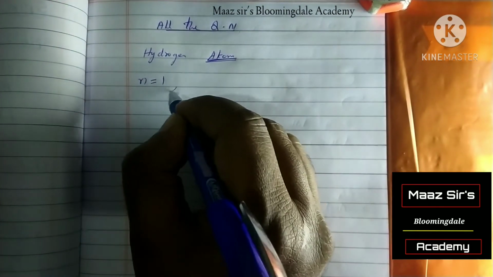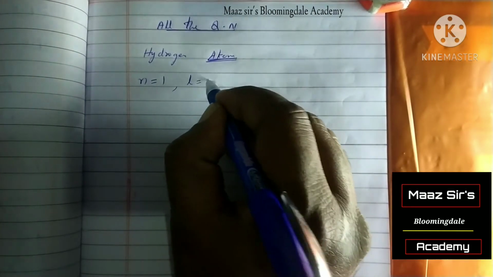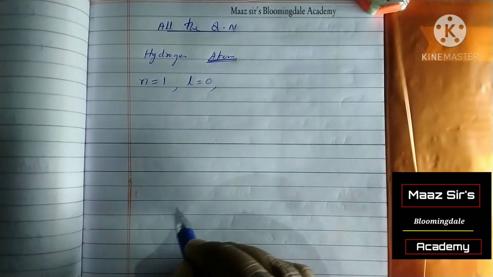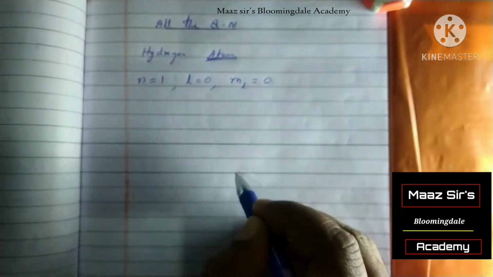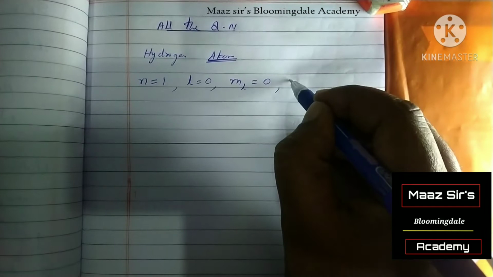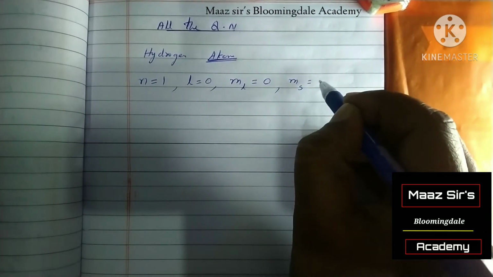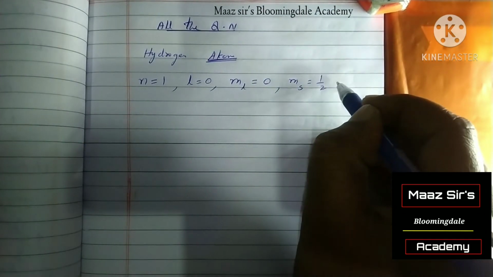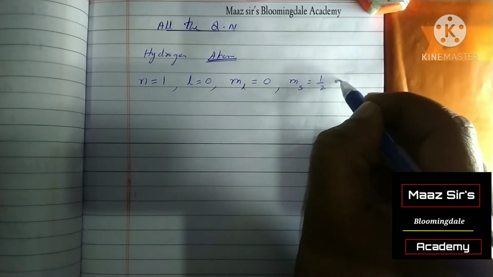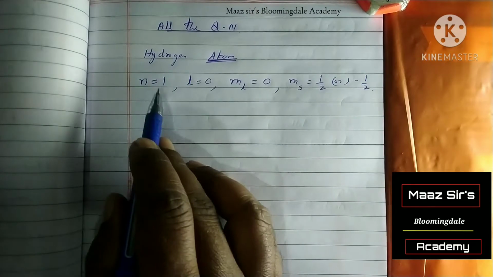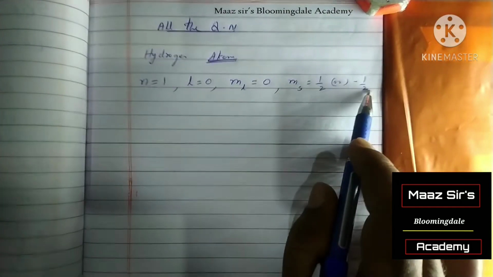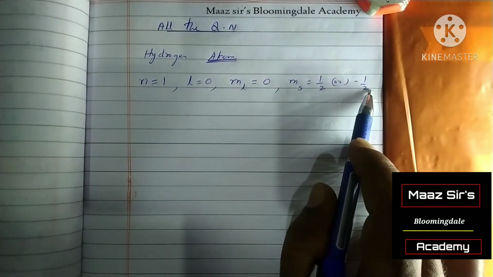Then l is equal to 0. Similarly, ml will be 0, and at the same time spin quantum number will be plus half or minus half. So these are the quantum numbers of hydrogen atom.